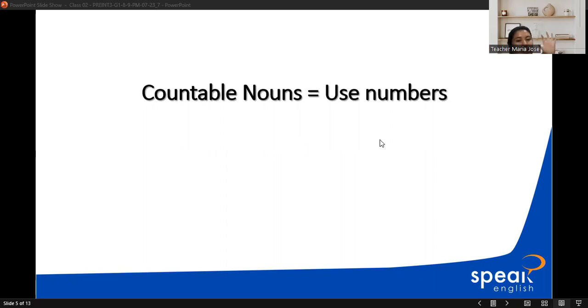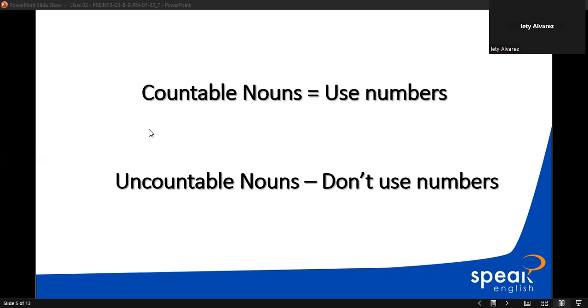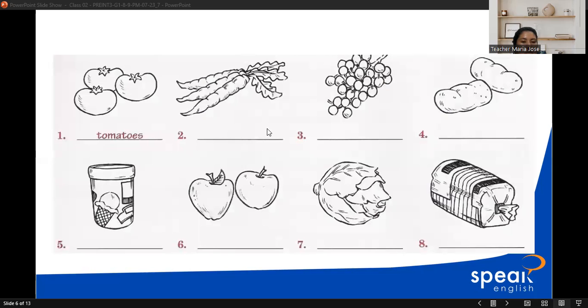Exactly. Very good. That means that you can say 1 apple, 5 apples. Okay, you can count. All right. Now, what about the uncountable nouns, Letty? Don't use numbers. Exactly. You cannot use numbers for this. Very good. So let's continue.